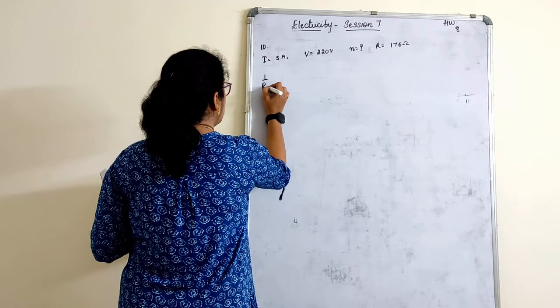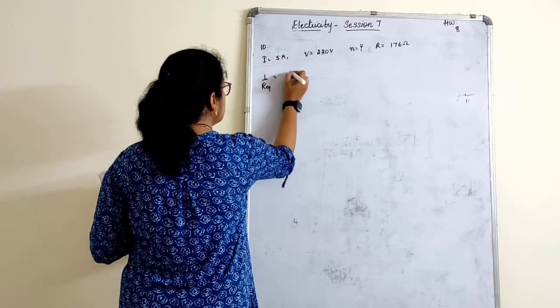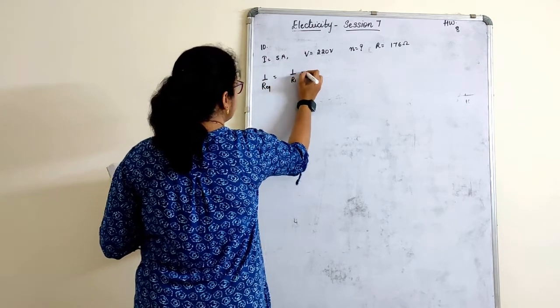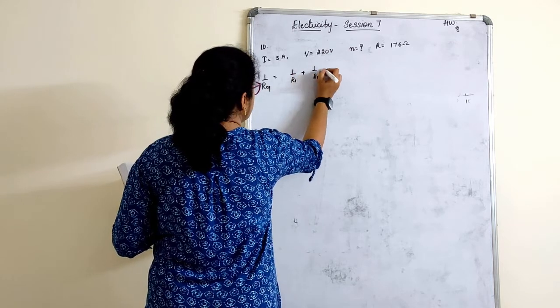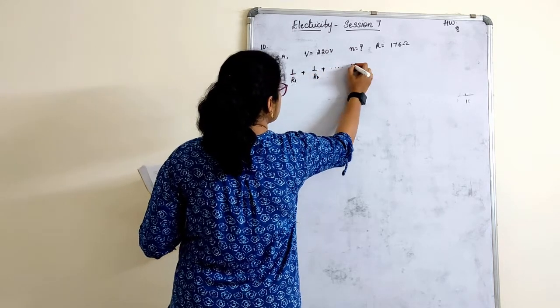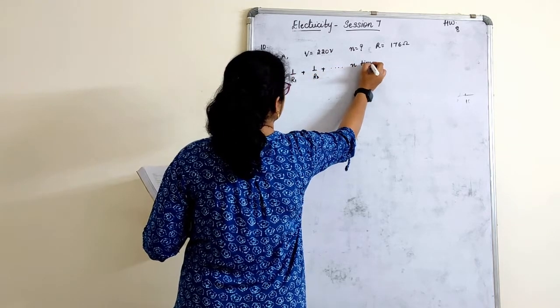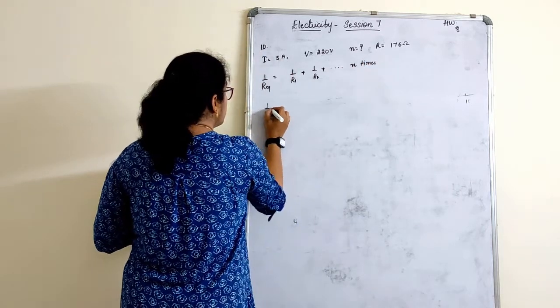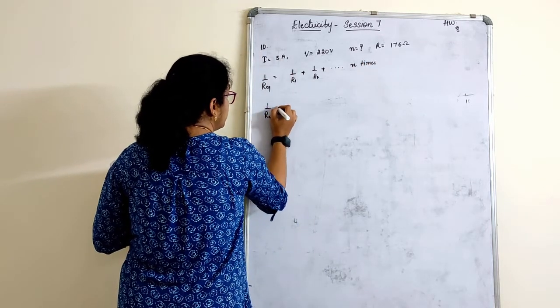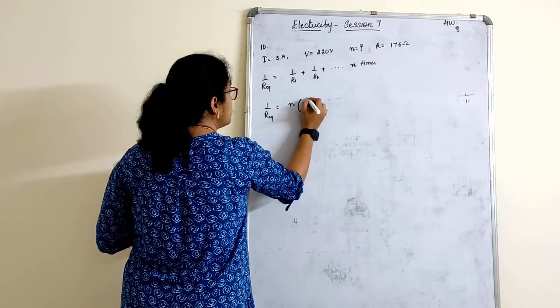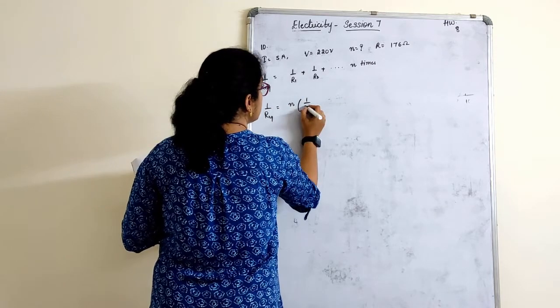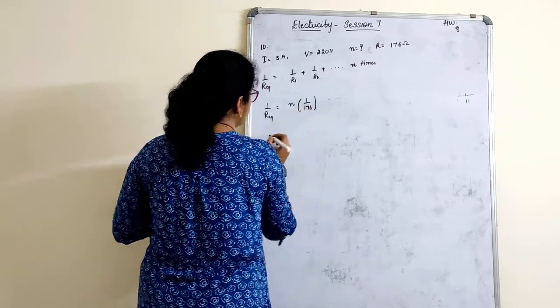1 upon R equivalent is equal to 1 by R1 plus 1 by R2 plus, how many times? N times. So 1 by R equivalent is equal to N into 1 upon, what is the resistance there? 176.